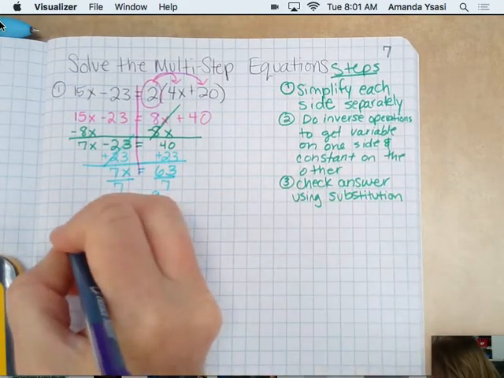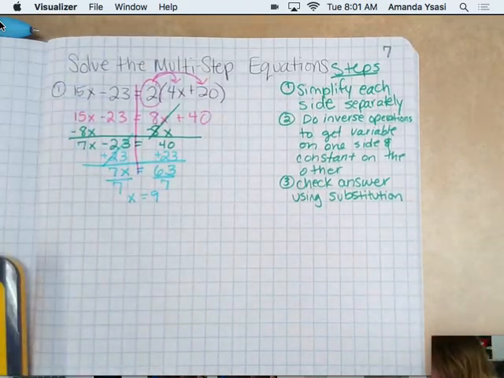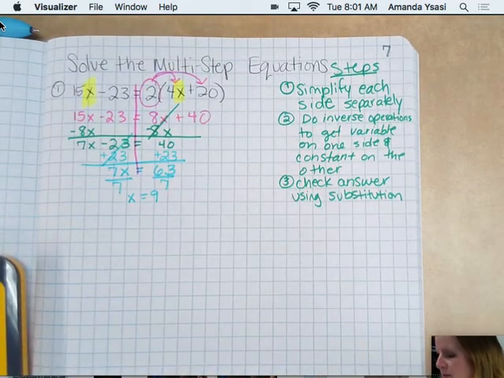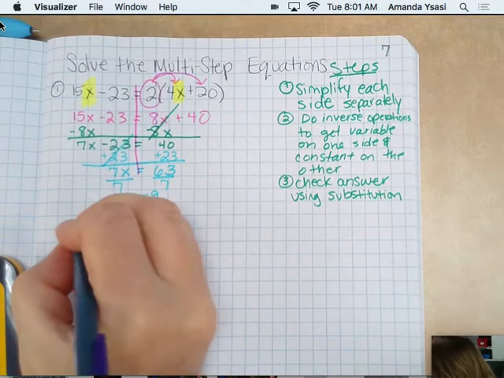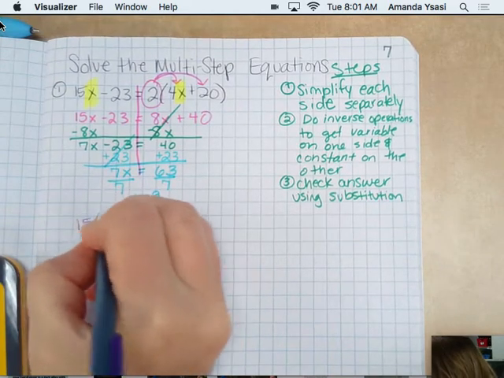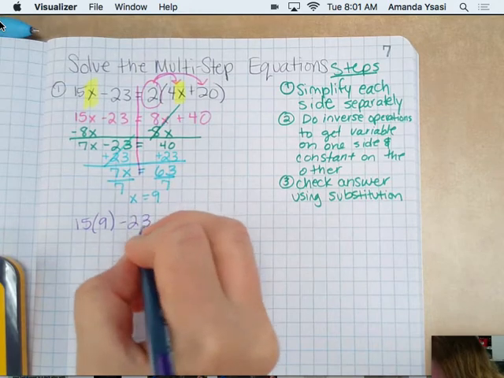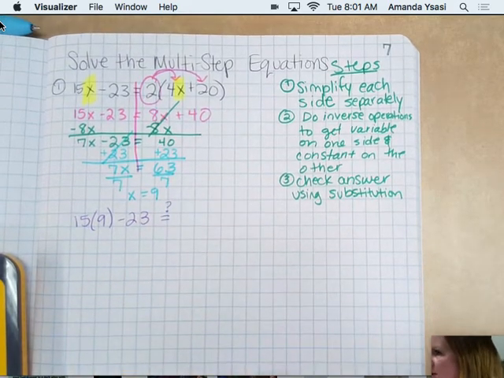So the way we would do that is every time you see an X, you would plug in 9. So we are going to do 15 times 9, in parentheses, minus 23 equals, we're not sure if it equals, so I'm going to put a little question mark on top.